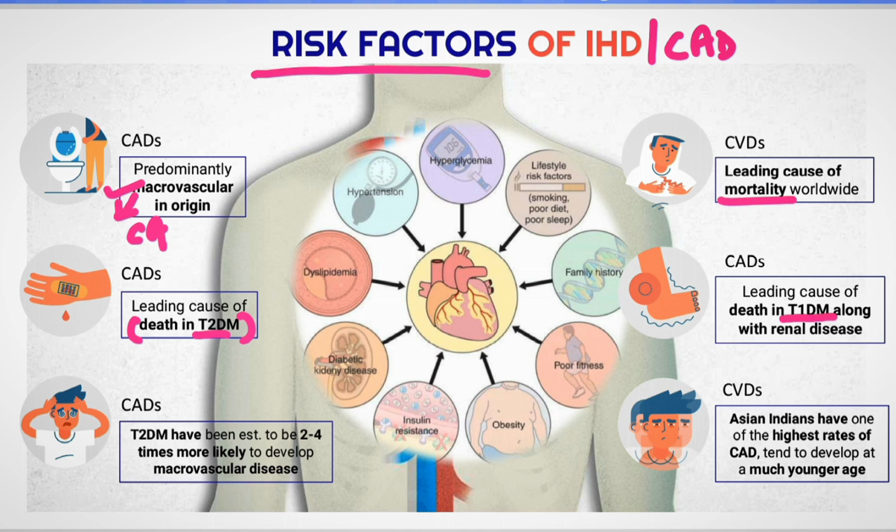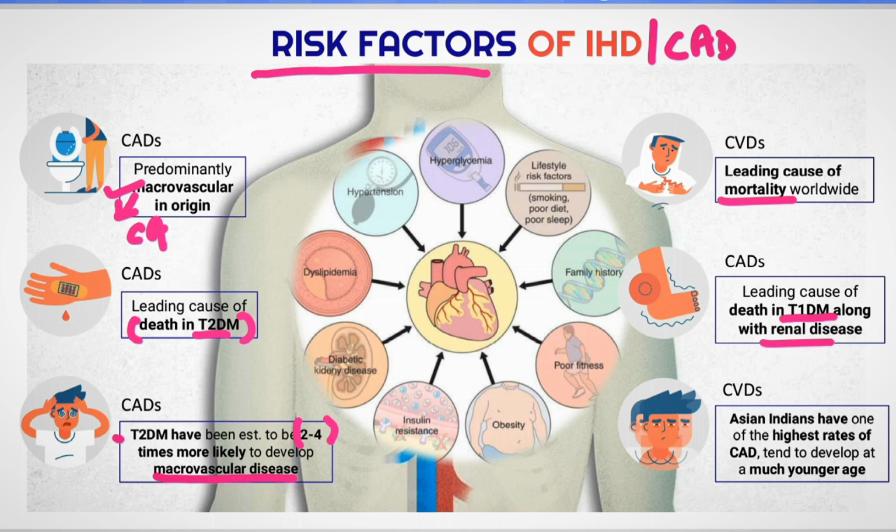But along with renal disease, it is found that persons with type 2 diabetes mellitus are 2 to 4 times more likely to develop macrovascular diseases as compared to persons without type 2 diabetes mellitus.